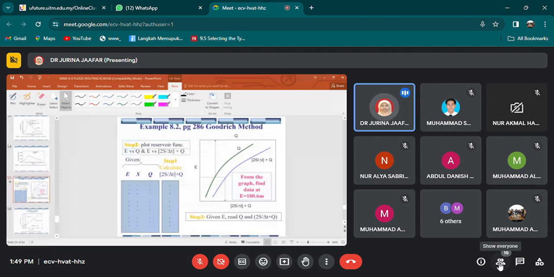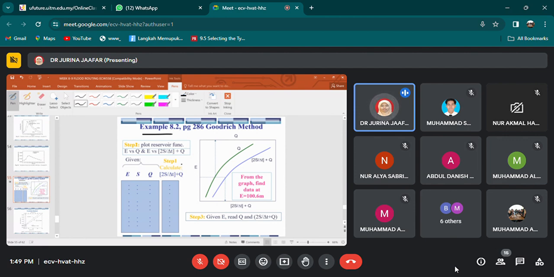Jadi example 8.2, the one that I share dalam WhatsApp. Nanti kita tengok buku sekejap. Di mana example 8.2, there is a certain value that kita baca dengan menggunakan graph. Dan ada yang kita perlu mengira.